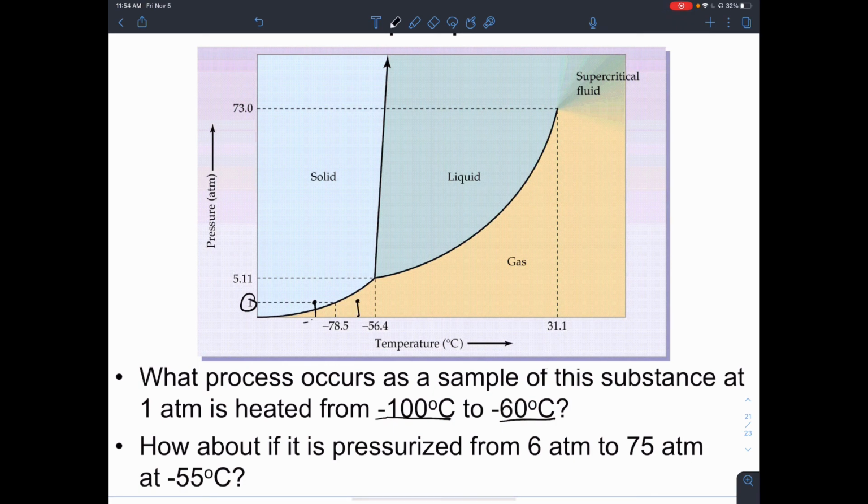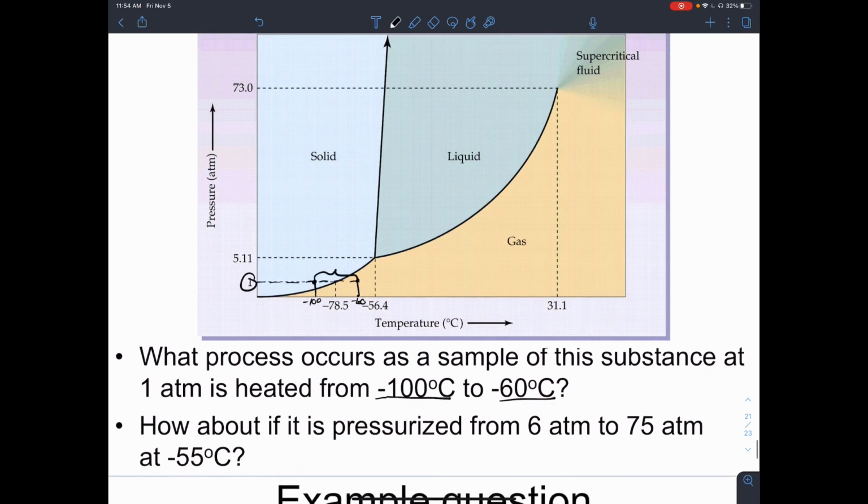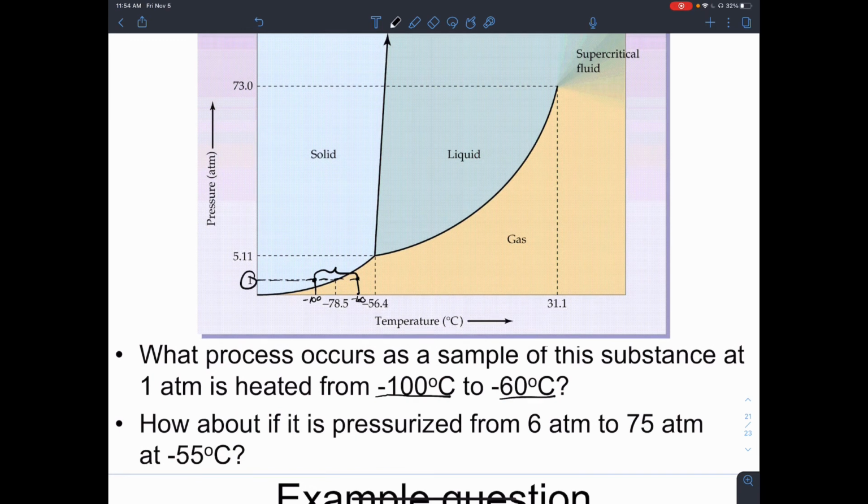So the range we're talking about is from here to here. What process occurs? Well, when a substance goes from a solid to a gas directly, that is called sublimation. You could just say it goes from a solid to a gas. The vocabulary word is sublimation.